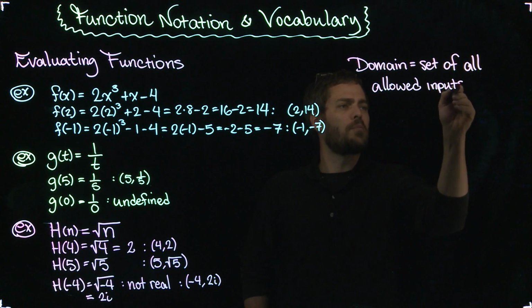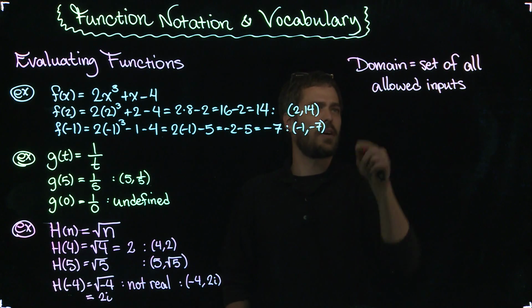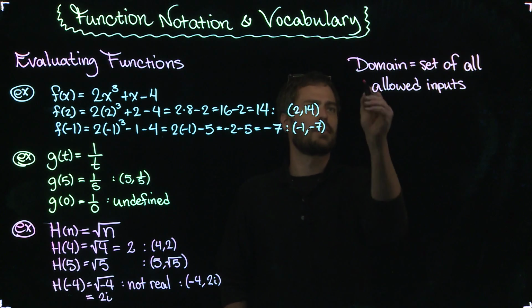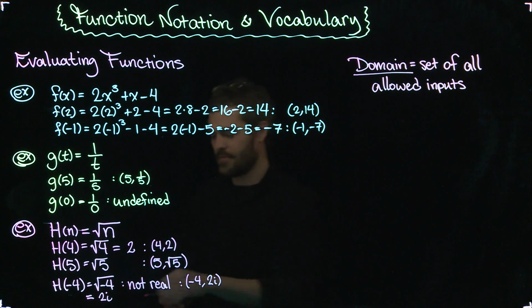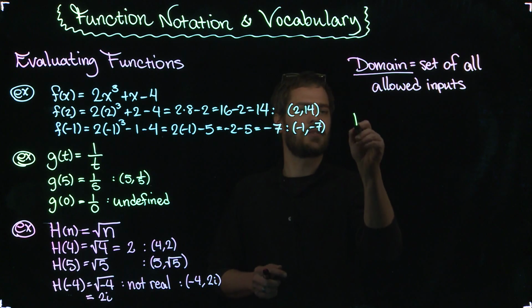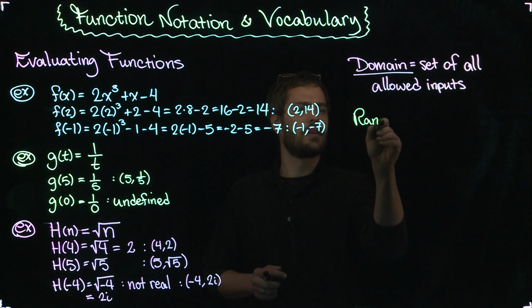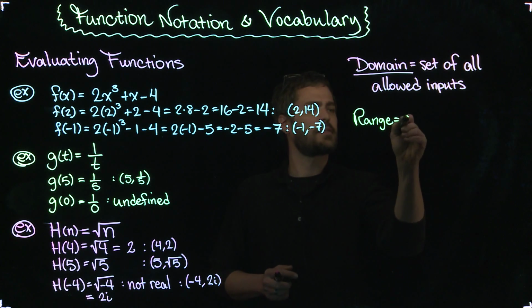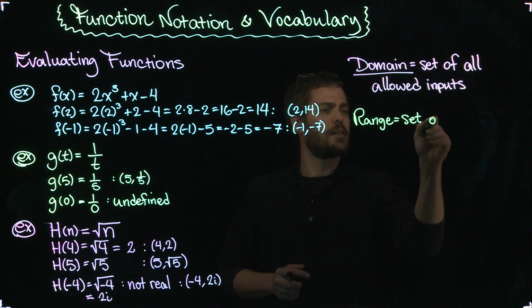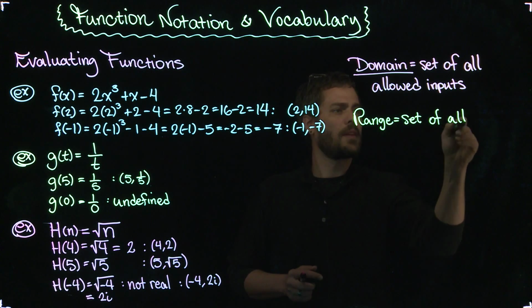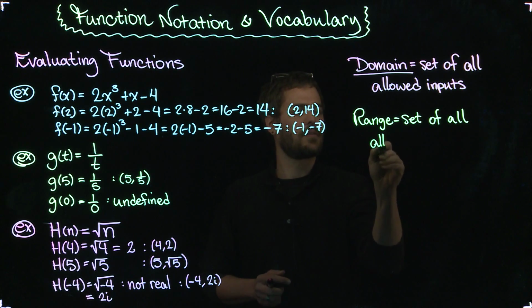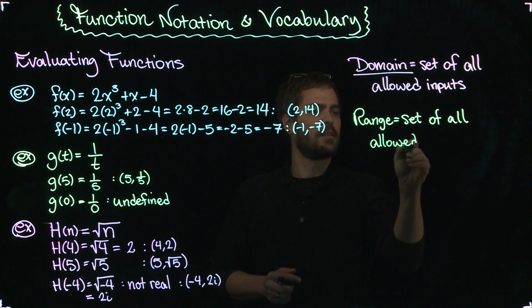And it really just depends on your system whether or not it qualifies as allowed. That's the domain. The range is defined as the set of all allowed outputs.